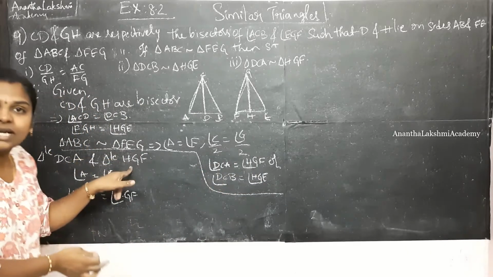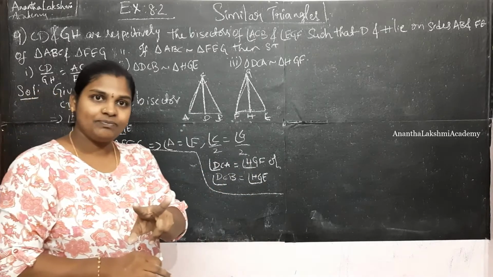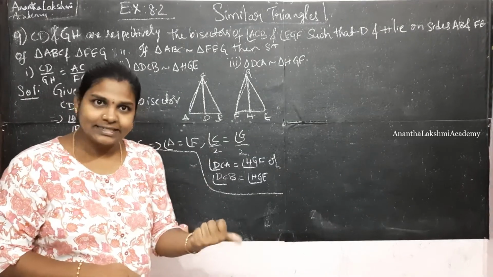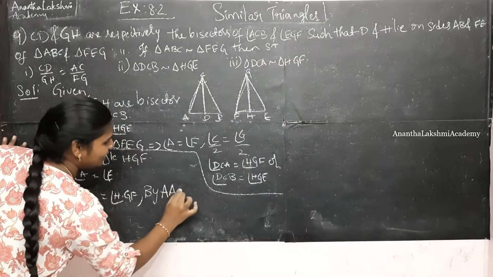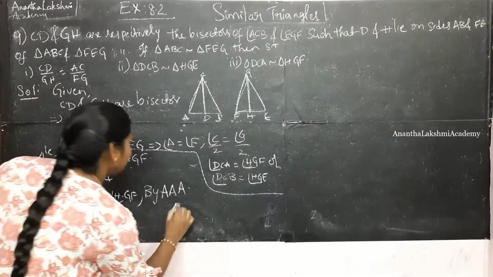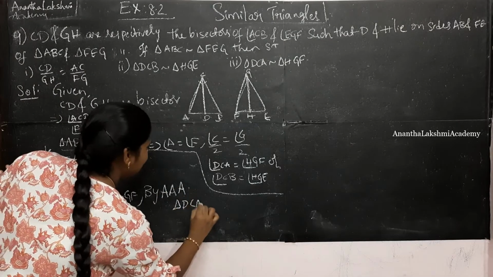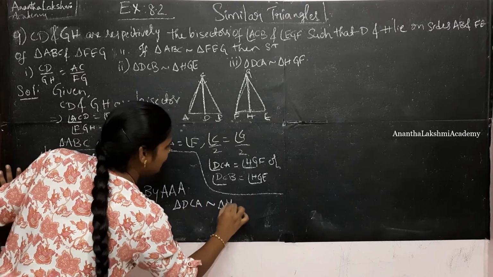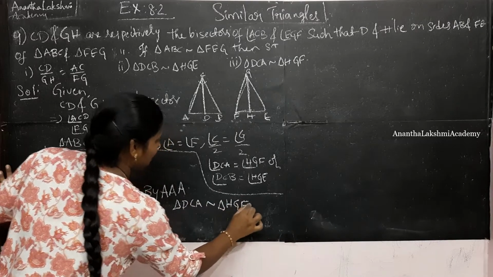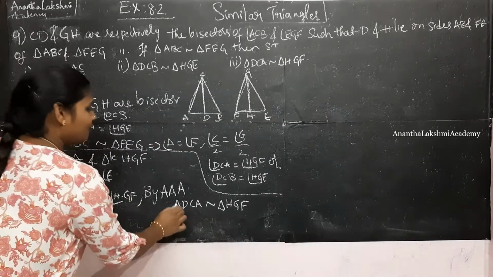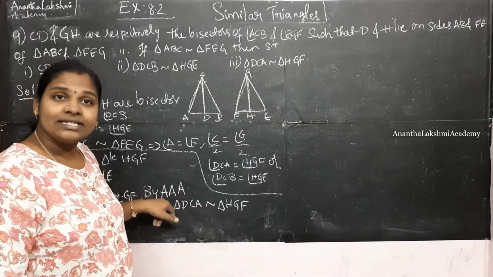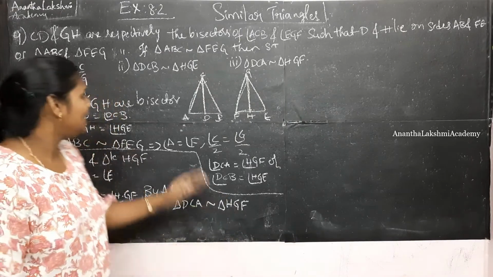Now, in 2 triangles, 2 angles are equal. So eventually the third angle is equal. So by which criteria? AAA criteria. Triangle DCA is similar to triangle HGF. We proved that these triangles are similar. And when triangles are similar and angles are equal, the sides ratio is also equal.